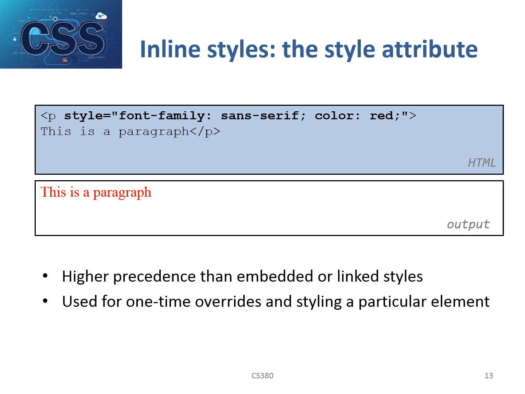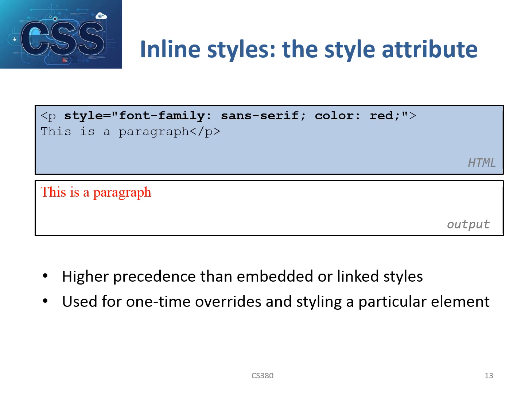Here is an example. P style, style is equal to font-family: sans-serif; color: red. Here the inline style means the style is defined in the tag itself. So in the body of the HTML, we have to include the corresponding style definition. Here the paragraph tag, P tag, is used, which stands for paragraph.